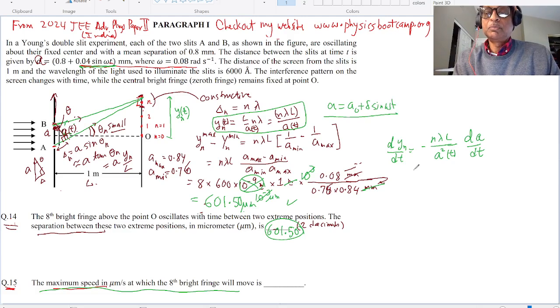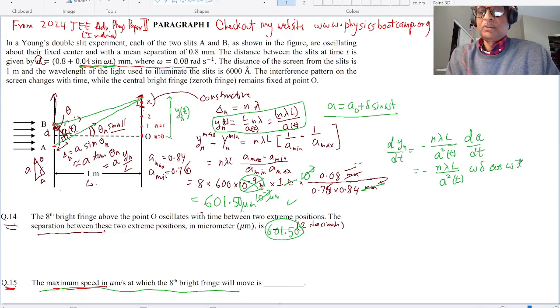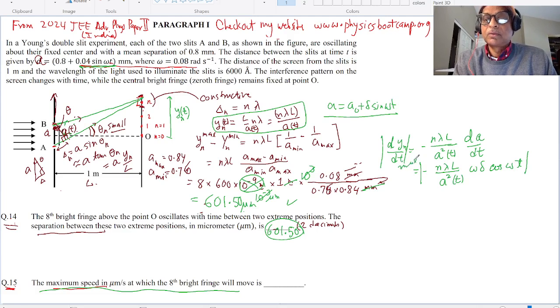Then it will be minus n lambda L over A squared of t times omega delta cosine omega t. Now we want the speed, so we just kill all the minus signs, okay? And we want the max of this.